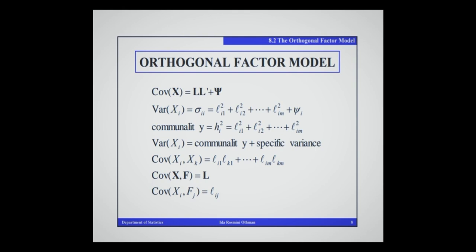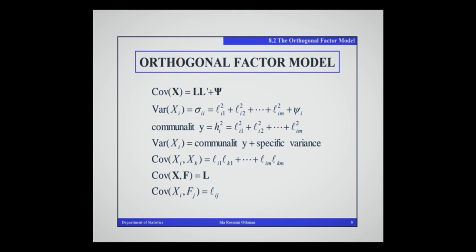Okay, macam ni tadi lah. Ni kan variance of X adalah commonality tambah dengan specific variance. Ini adalah factor variance. So untuk cari variance ataupun dinamakan error variance tadi, variance of X minus dengan commonalities.